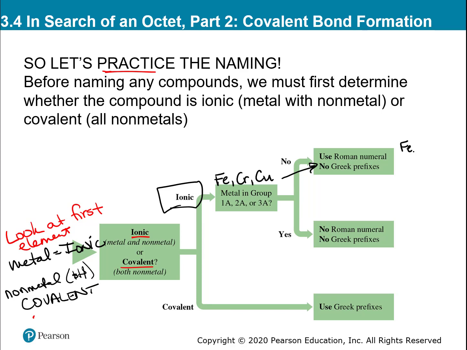So I'm going to end up with iron with the +2, or iron with the +3, because those can have a different number. So I know in doing the naming, I'm going to have to put that Roman numeral between the metal and the non-metal.